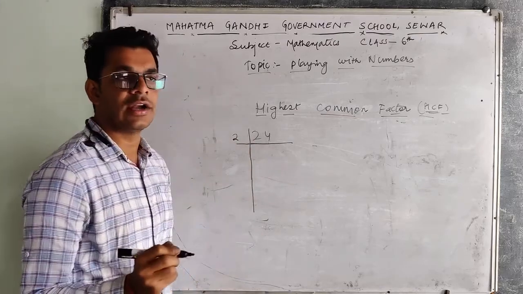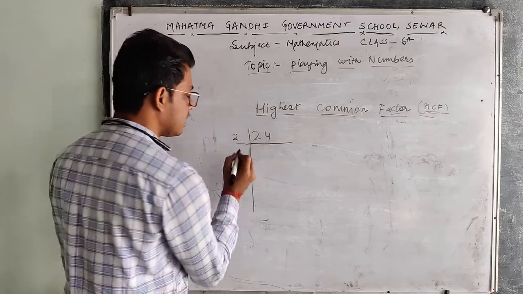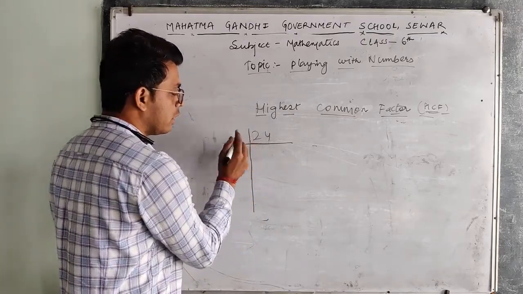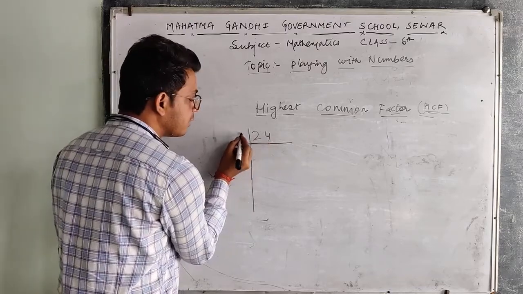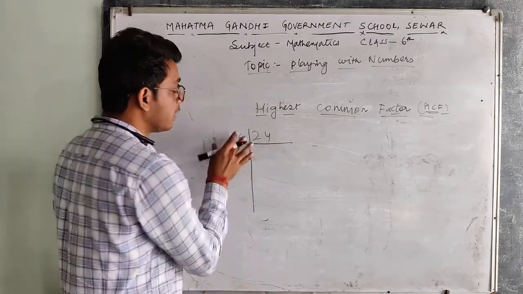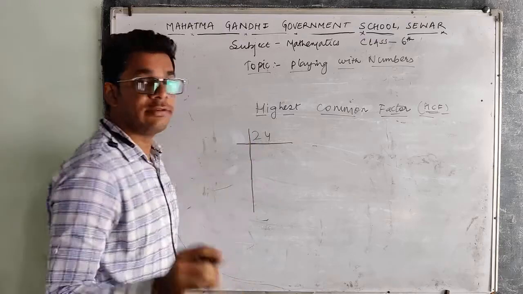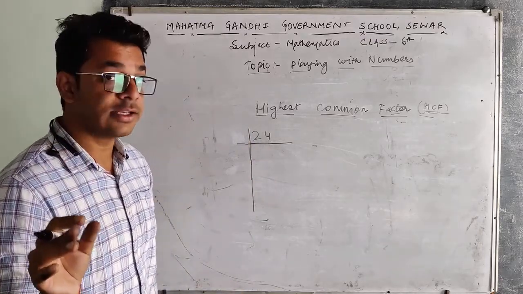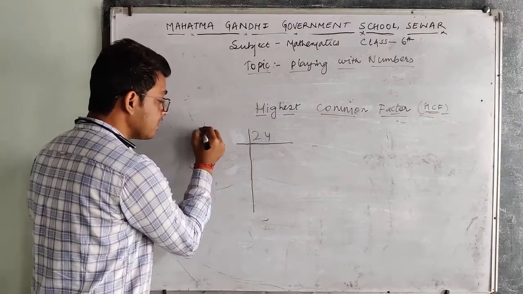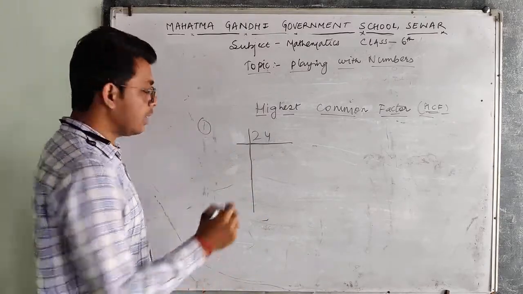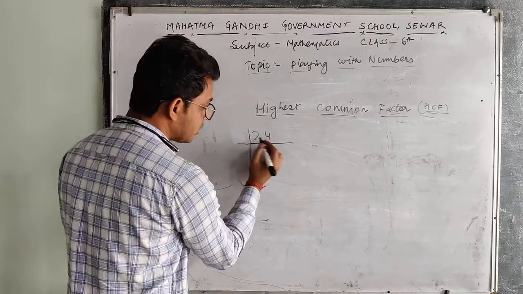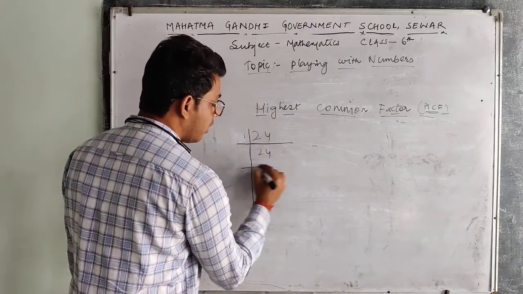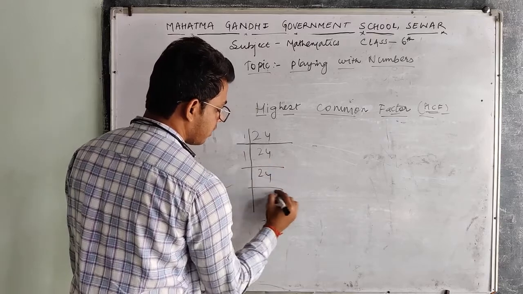We will start from the lowest digit. What is the lowest digit? That is 1. But after dividing 24 by 1 again and again, it will come out as the same number.